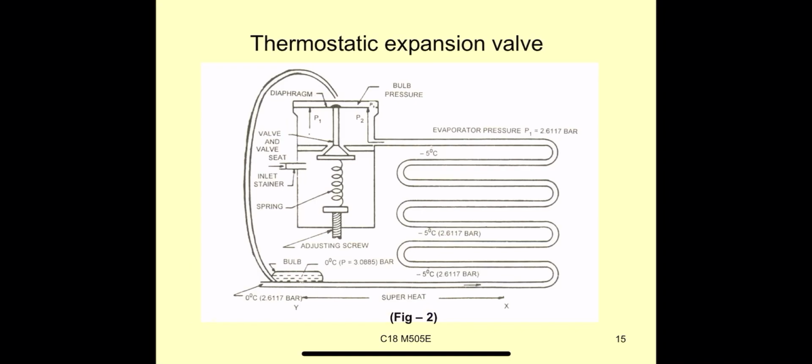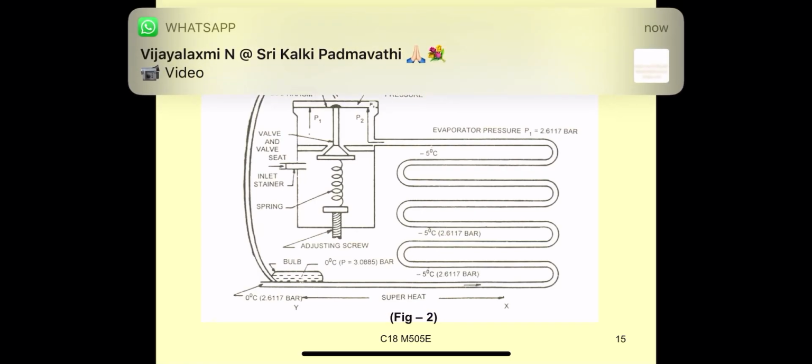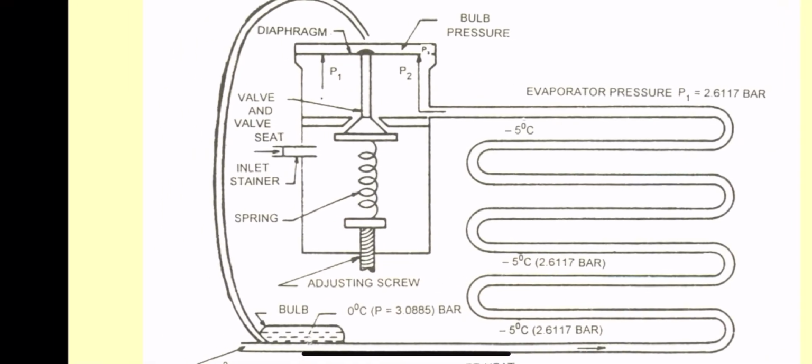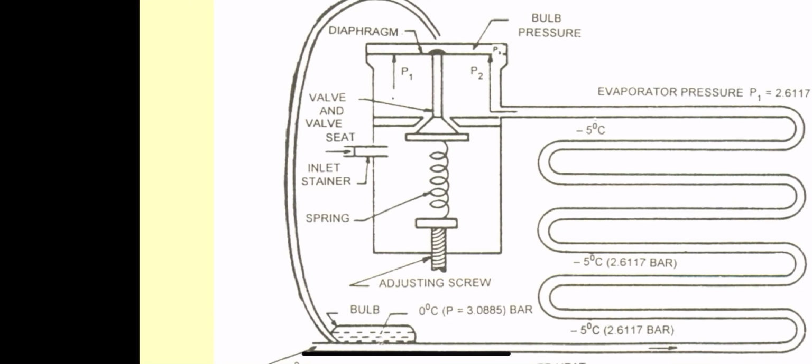See the diagram of the thermostatic expansion valve. Here the diaphragm is there, bulb pressure and valve seat, inlet strainer and spring and bulb adjusting screw and evaporator pressure is there.